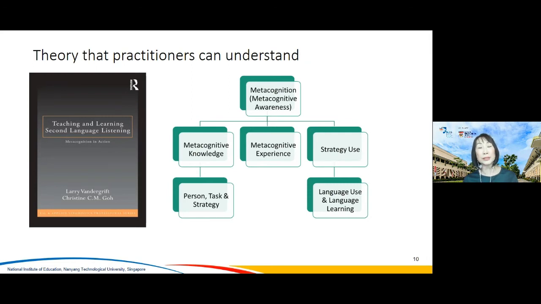As researchers, we know that certain constructs don't have one particular explanation for them. People are still debating. But I went back to the original readings by John Flavell, and I read as many of the original publications as I could, and I teased out this framework. And this was used in the book that Larry van der Grift and I published.